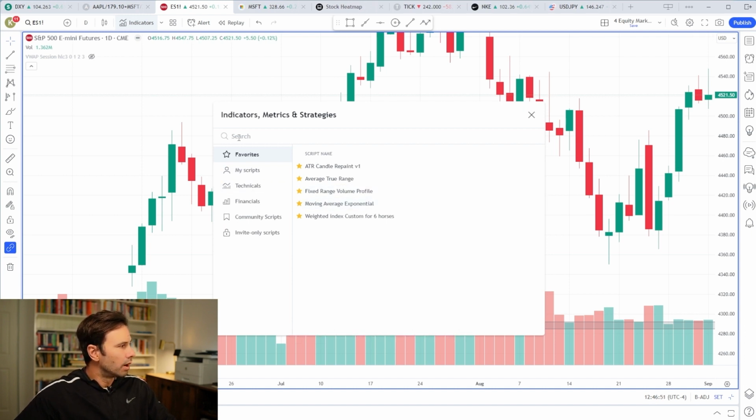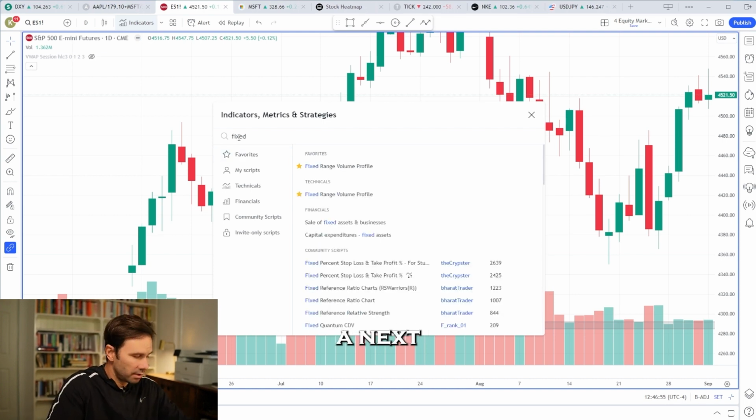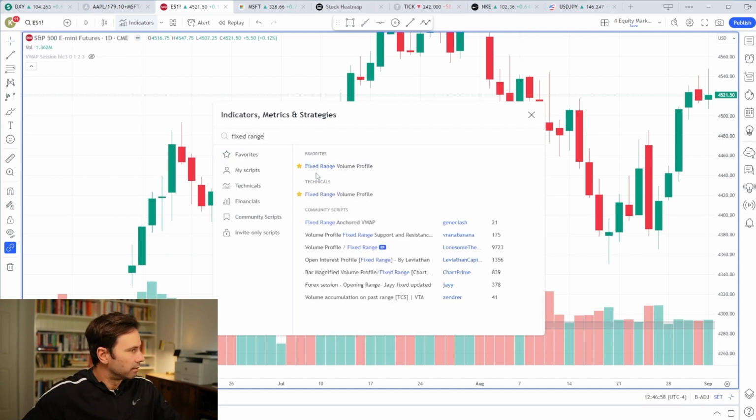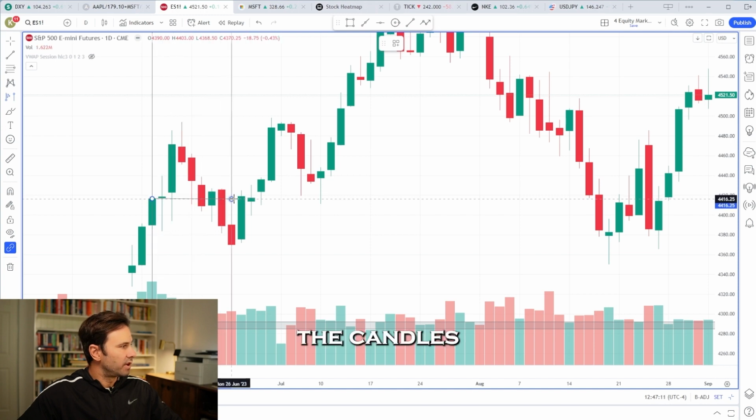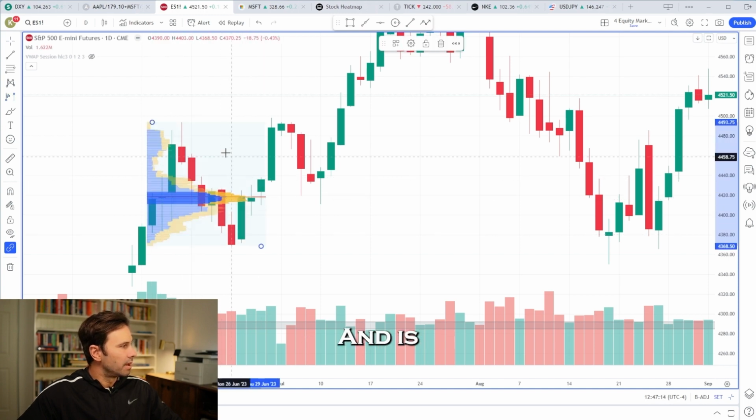So what you do is you go to indicators and you can type in on the search bar, fixed range volume profile. Fixed range volume profile, right? And you can add it as a favorite, and then you can come here to the left panel and click this fixed range volume profile, select a few candles and then group them, and it's the same.